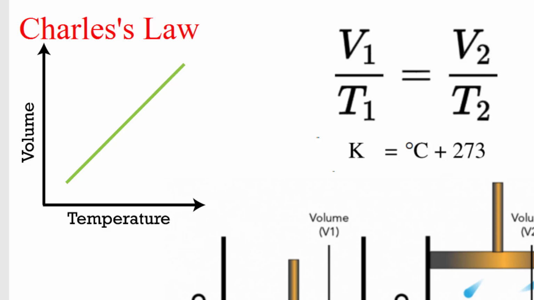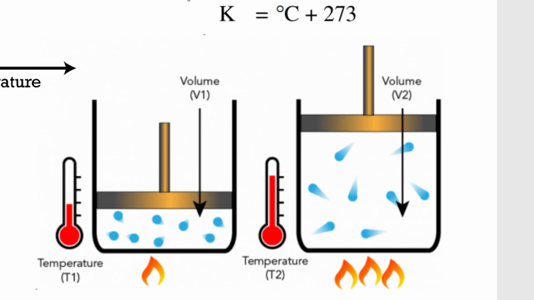And this is a directly proportional relationship, which means if you double the absolute temperature, if it goes from 100 Kelvin to 200 Kelvin, the volume will double as well. As the temperature increases, the kinetic energy of the particles increases, and they begin to move at a faster speed, which, in order to compensate for the change in the pressure, the volume increases.